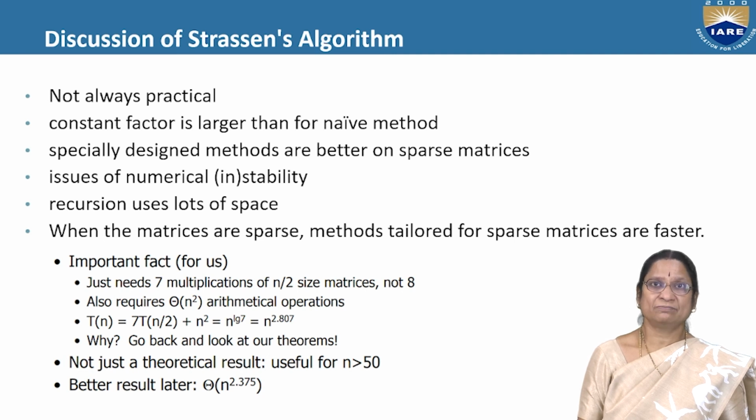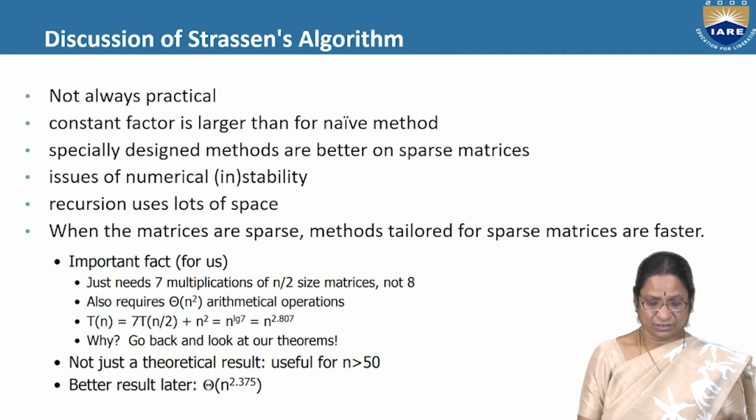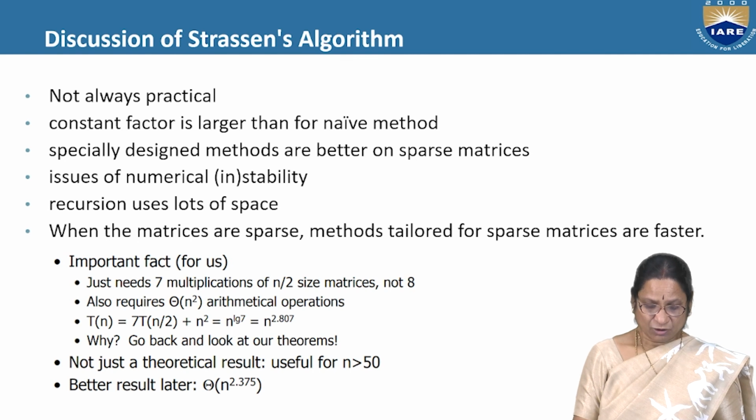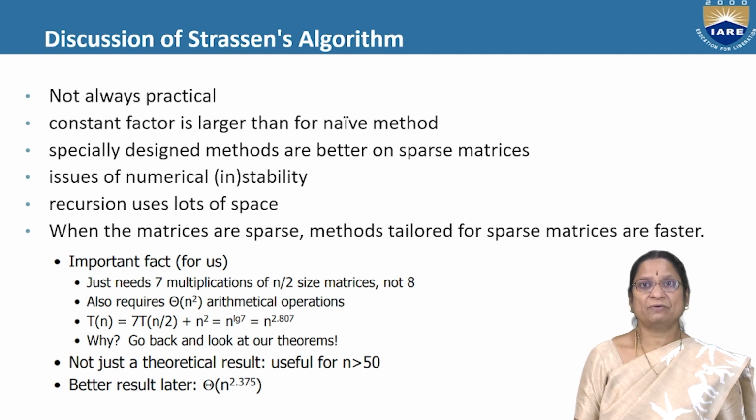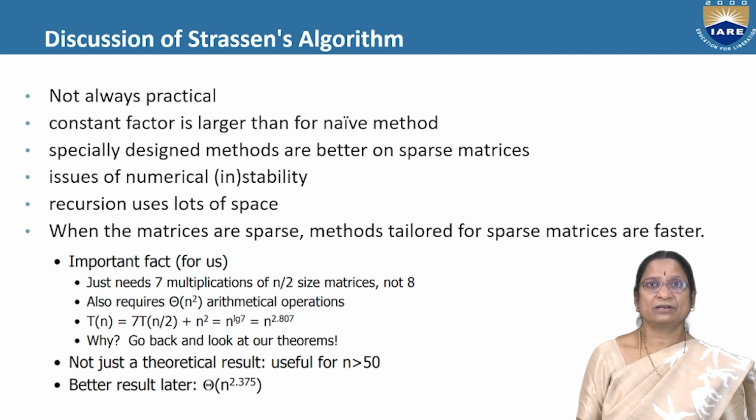researchers provided us better results in which our time complexity reduces to order of n power 2.375. You observe how drastically it is reduced. In case of Strassen's, n power 2.807 is there. Now n power 2.375.